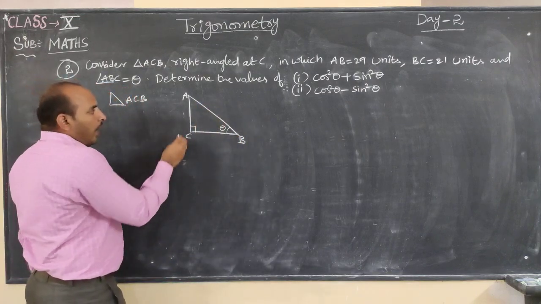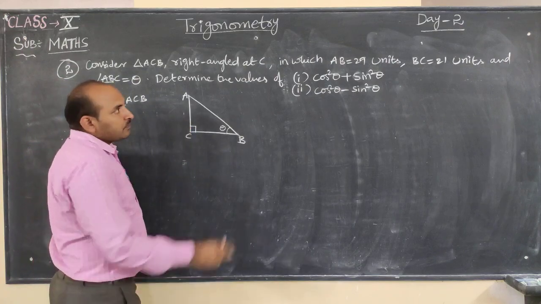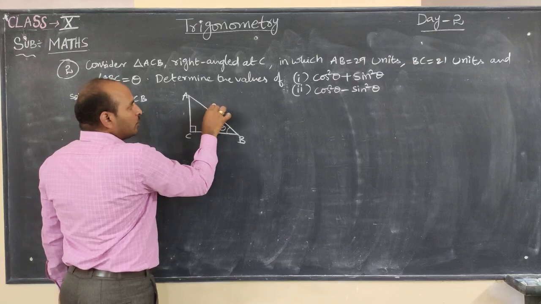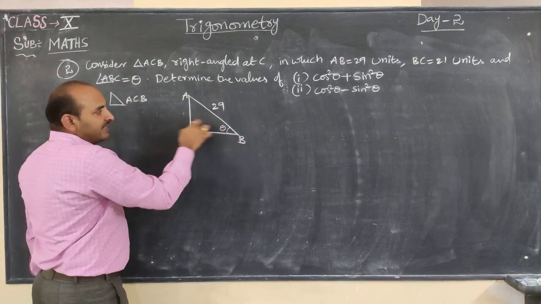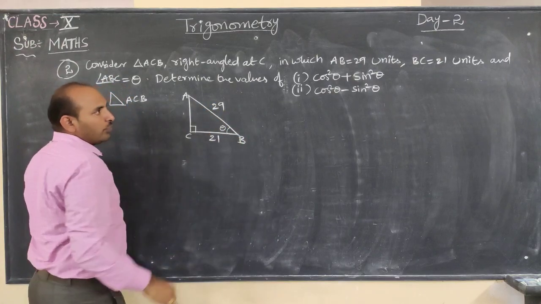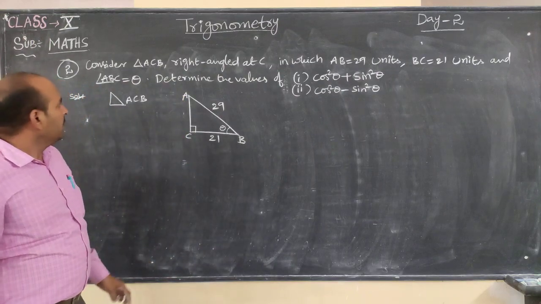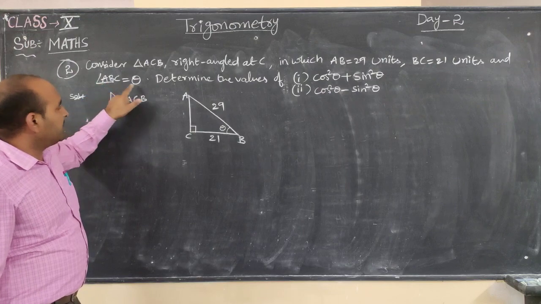So now in this triangle, AB side how much? Already given, AB side is equal to 29 and the BC side is equal to 21, but we don't know AC side. Here angle ABC is equal to theta.